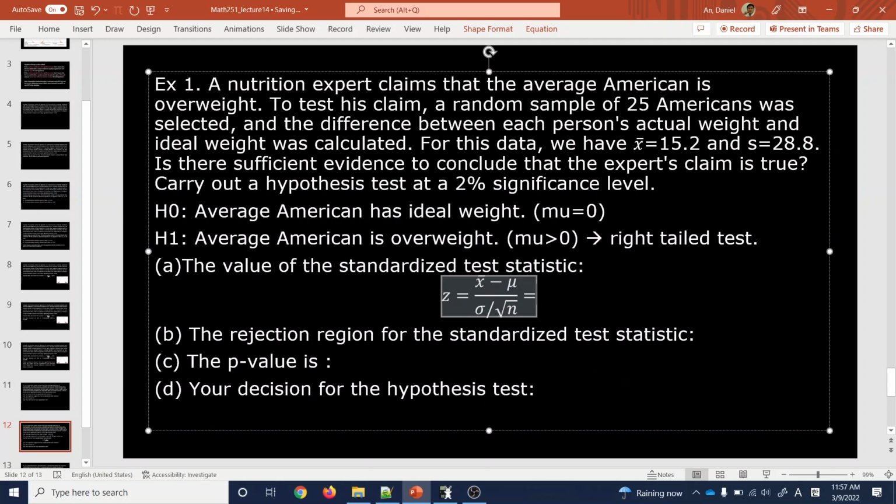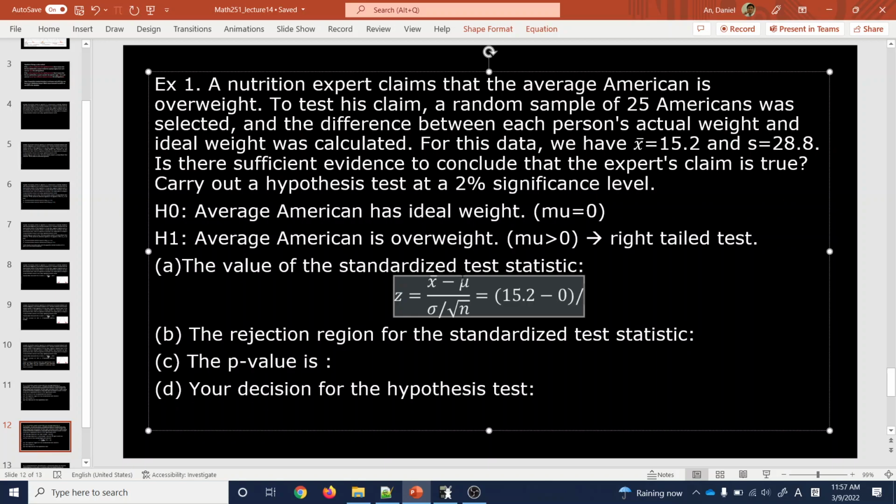In our case, x bar is 15.2. And what's the mu here? 0, because that's the mu value in the null hypothesis.